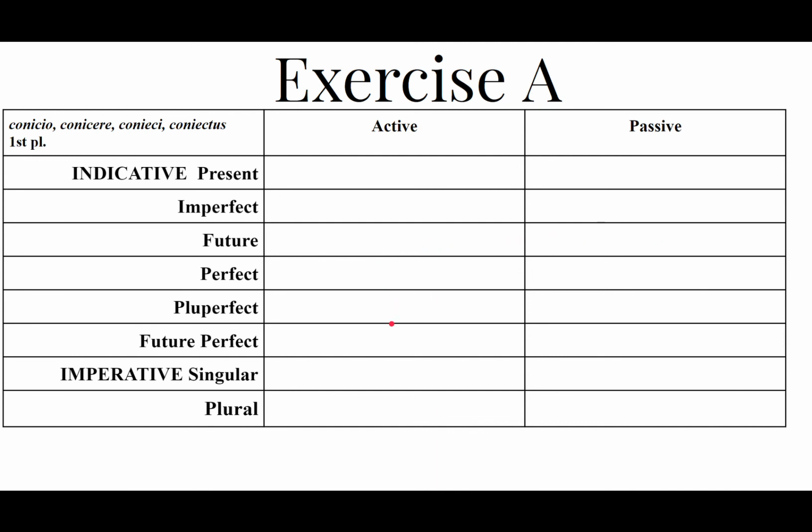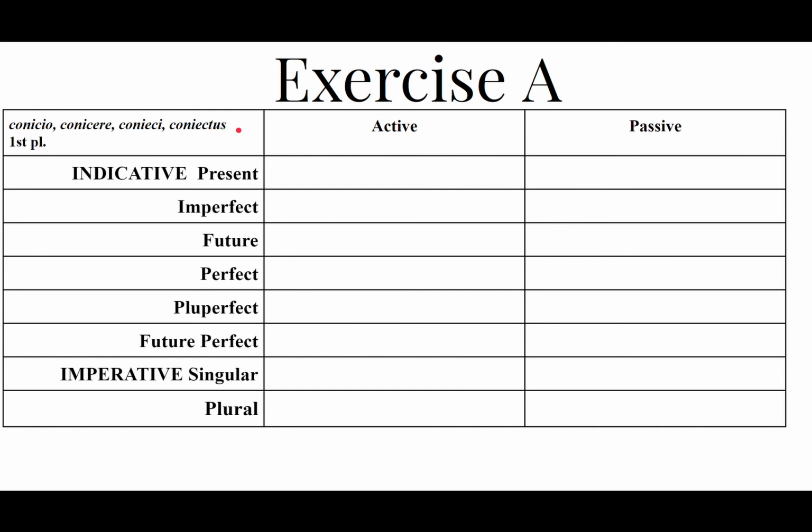For the perfect, pluperfect, future perfect, third principal part, conjec, and then add imus, and then eramus, and then erimus: conjecimus, conjeceramus, conjecerimus. For the passive, it's the fourth principal part, conjectus, but we are dealing with a plural person. Therefore, change the us to i, conjecti.